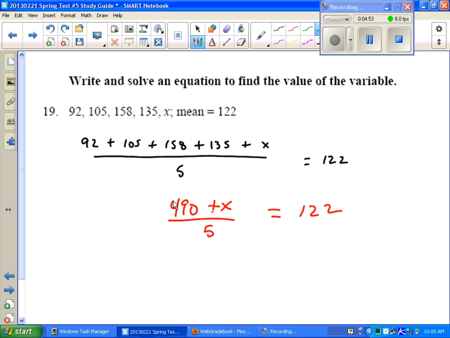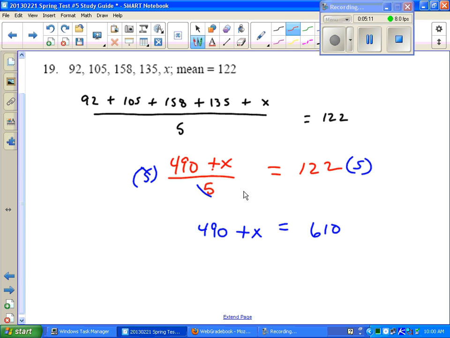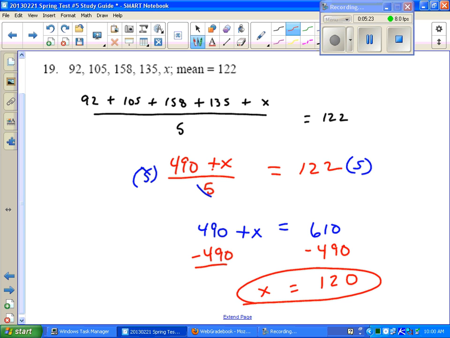Get rid of divide by 5 by multiplying both sides by 5. 122 times 5 is 610, equals 490 plus x. Get rid of plus 490 by subtracting 490 from both sides. And x is 120. So x equals 120.